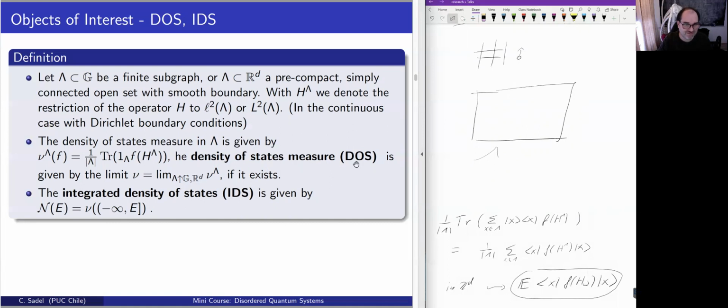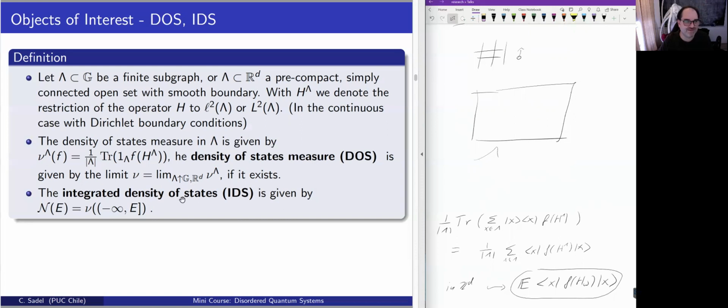So the density of states measure in general is when you have these random measures defined on these boxes Lambda, and you take the limit of Lambda going to the whole graph G, or in the continuous case towards R^d. If this exists, then this limit is the density of states measure.